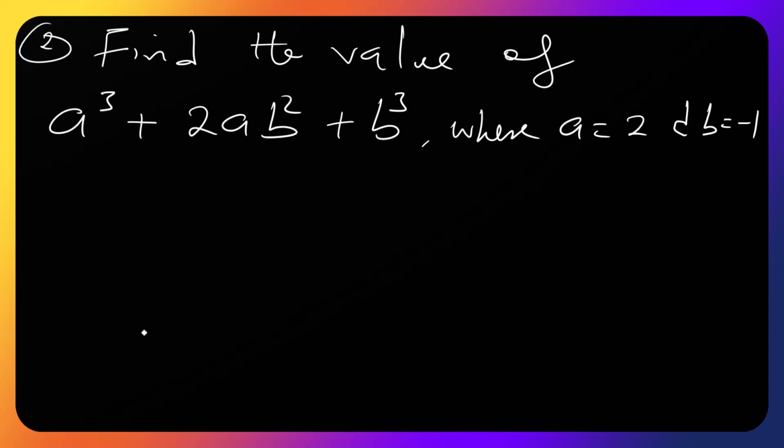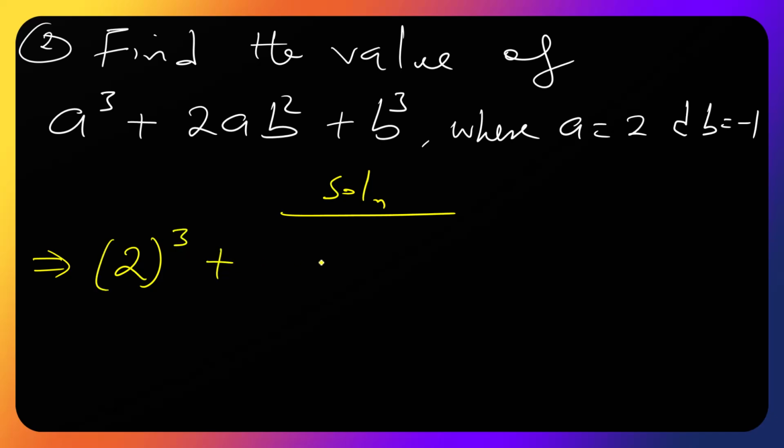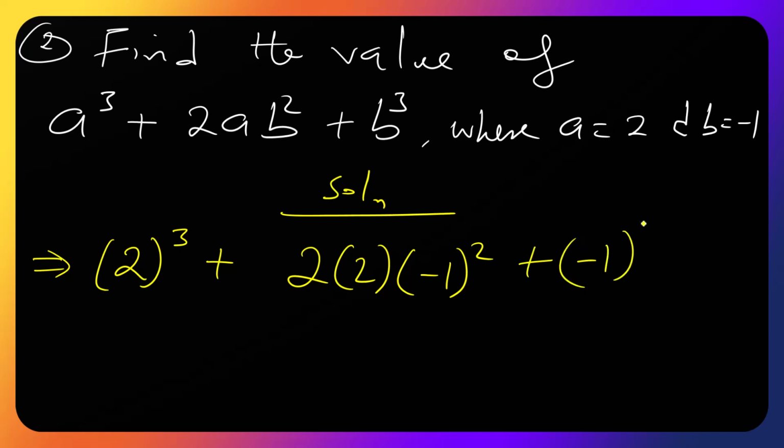Now let's find the value of a cubed plus 2ab squared plus b cubed. Solution. So we have this, but a has been given as 2 and b as minus 1. So a is 2, so that will be 2 cubed. 2 times a is 2, then b is minus 1 squared, plus b, still minus 1 cubed.